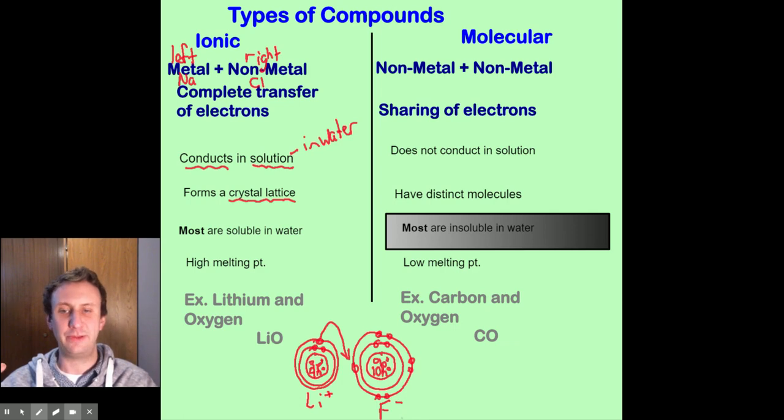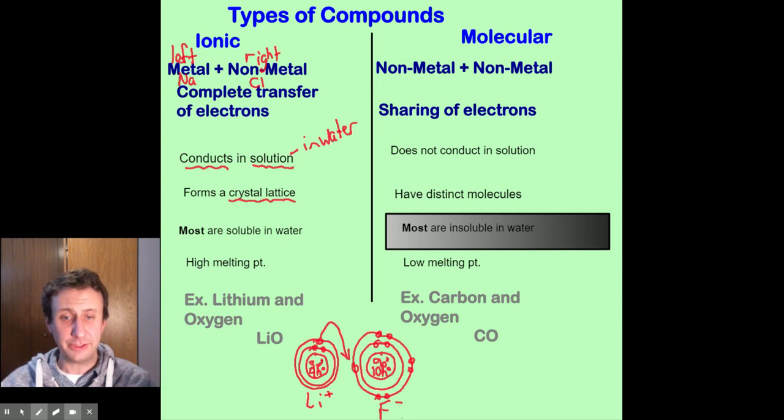Essentially we get this repeating checkerboard pattern because we have positive ions and negative ions trying to get as close to each other as they can, attracting in 3 dimensions. Okay, so that is what a crystal lattice is. It's a regular repeating pattern of these positive and negative ions getting close together.